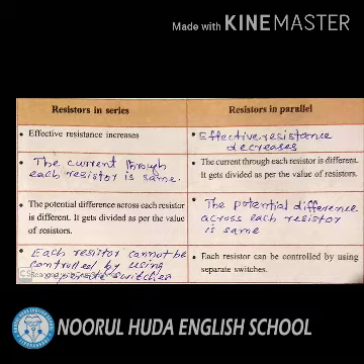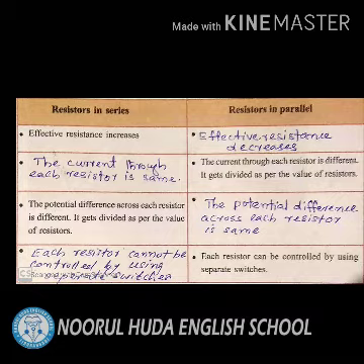Then in resistors in series, the potential difference across each resistor is different. It's divided as per the value of the resistors. In parallel connection, the potential difference across each resistor is the same.